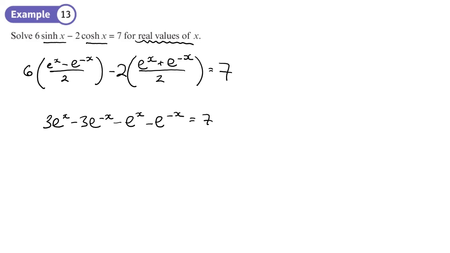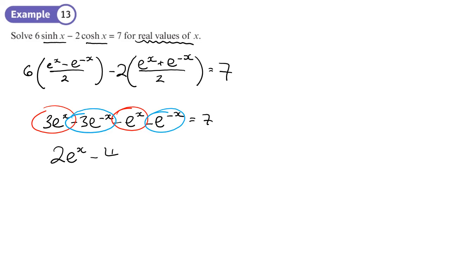So have we got bits that go together? Yes. So 3e to the x here, take away the e to the x, leaves me with 2e to the x, and I've got minus 3e to the minus x minus another one, so that's going to be minus 4e to the minus x equals 7.